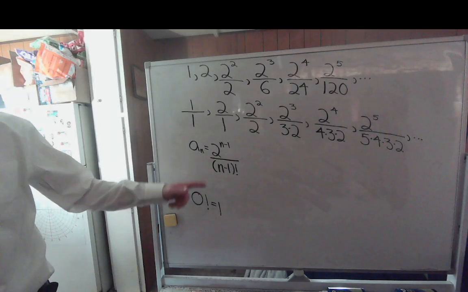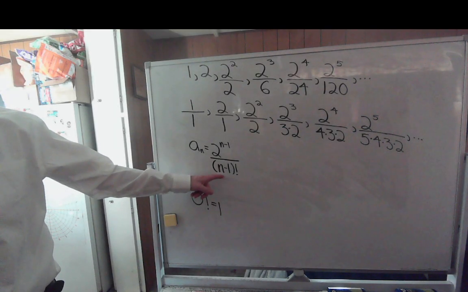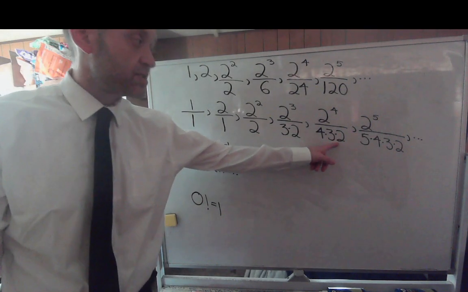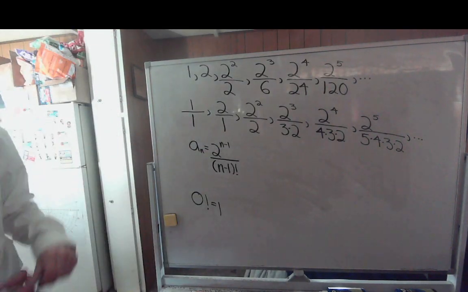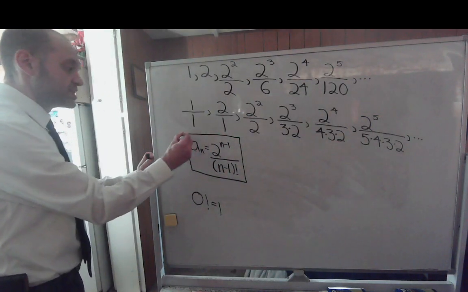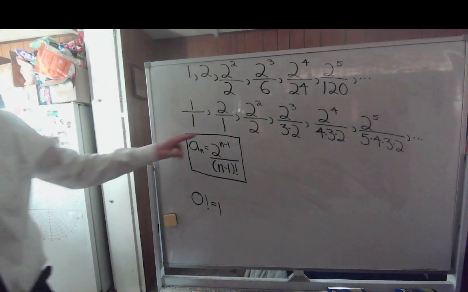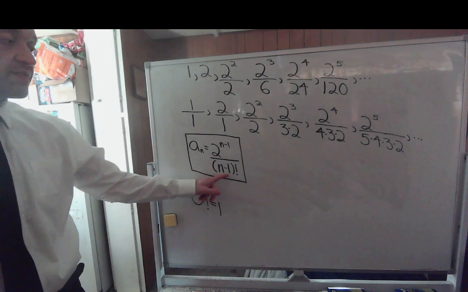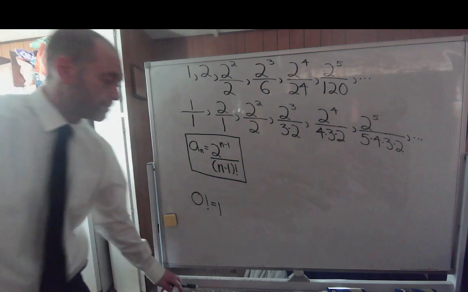The fifth term, 5 minus 1 is 4, and 4 factorial is 4 times 3 times 2, which gives me that 24. So yes, the general explicit formula for this sequence is a sub n equals 2 to the n minus 1 all over the quantity of n minus 1 factorial.